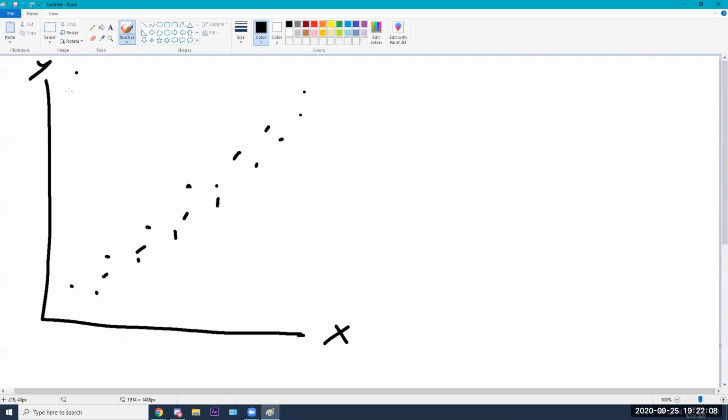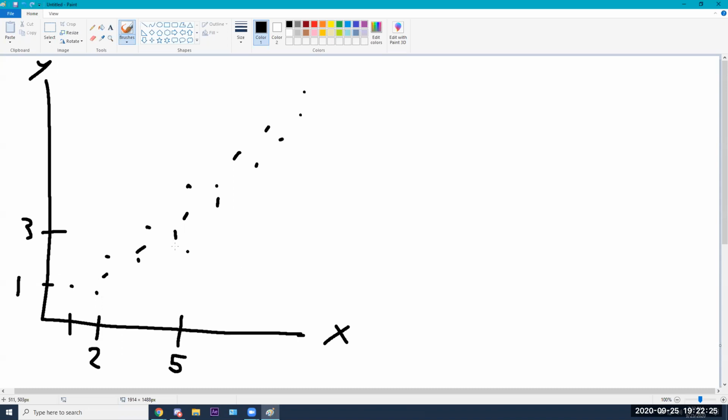Say you're buying eggs at a supermarket and you're making this graph. So this point would be like, oh, you paid $2 and you got 1 egg, right? And this point right here would be like, oh, you paid $5 and you got 3 eggs, right?